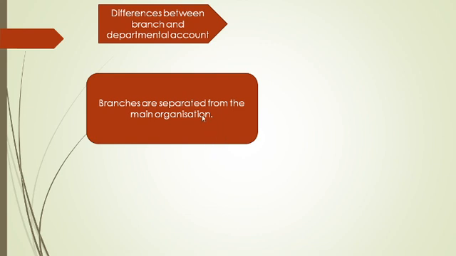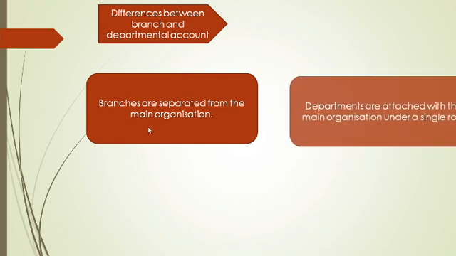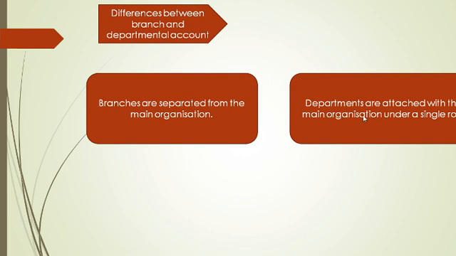We have ShopRite in Enugu, in Lagos, in Owerri, in Anambra, in Port Harcourt, in many states. So the branches can be located in different states, sometimes different local governments, depending on what you want as a businessman. Now departments are attached to the main organization under a single roof.